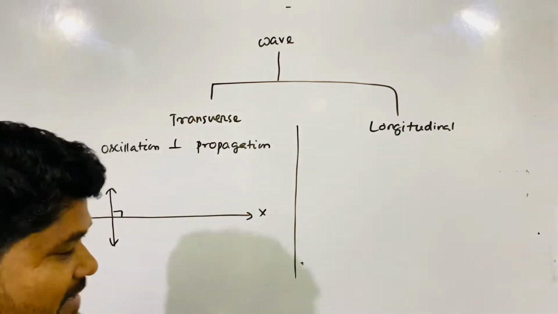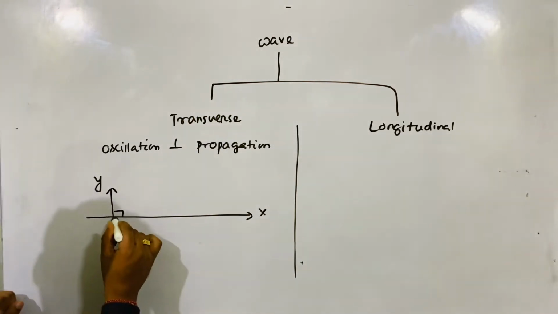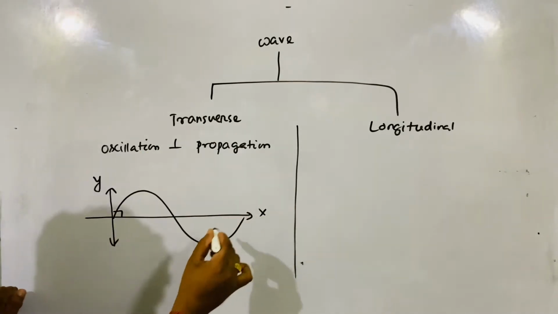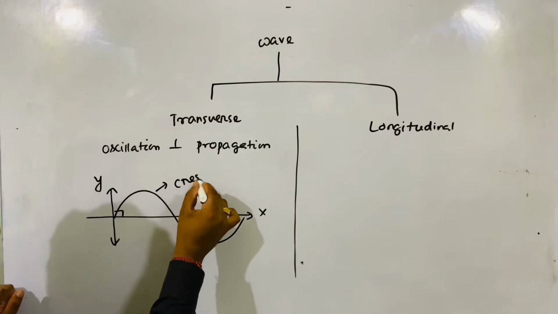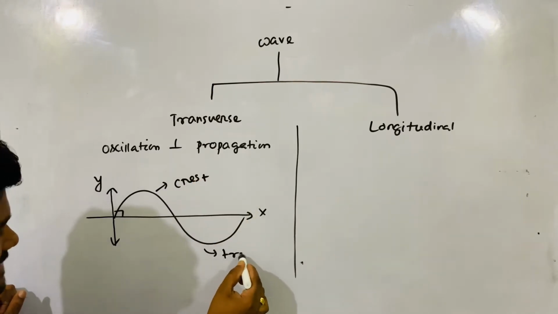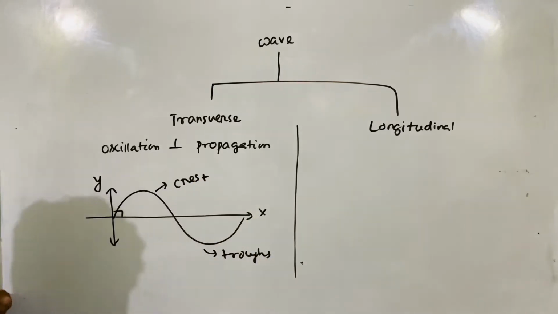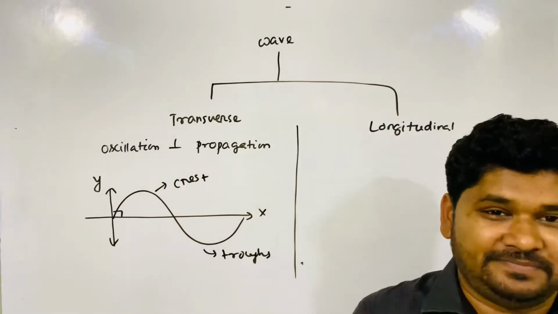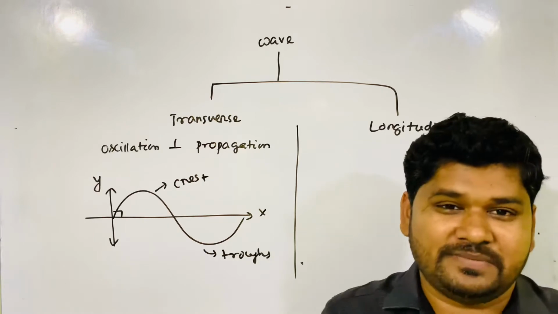Then how does it propagate? It propagates like this, forming a crest and a trough. Propagating by forming crests and troughs is the transverse wave.